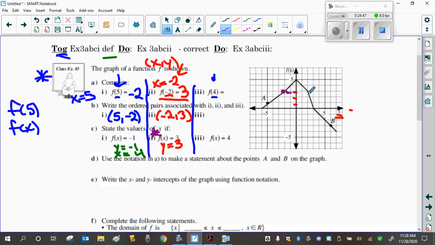When the graph is 3 up, there's the point 2, 3, and there's the point -2, 3. Tricky, 2 points. So x equals positive or negative 2.